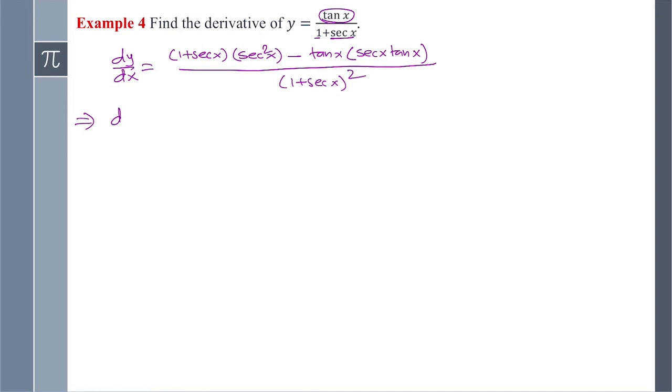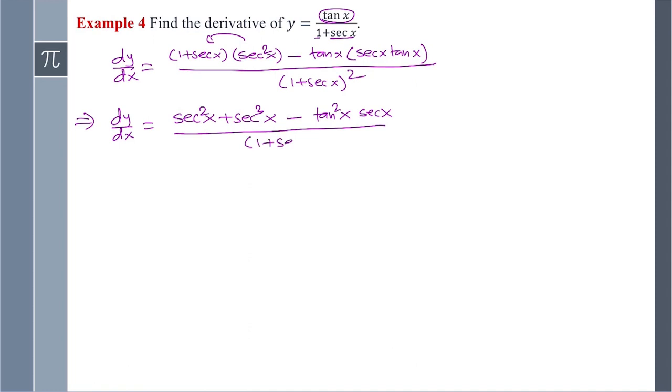So this gives us dy over dx equals, if you distribute this, secant squared x plus secant cubed x minus tangent squared x secant x, everything divided by 1 plus secant x squared.